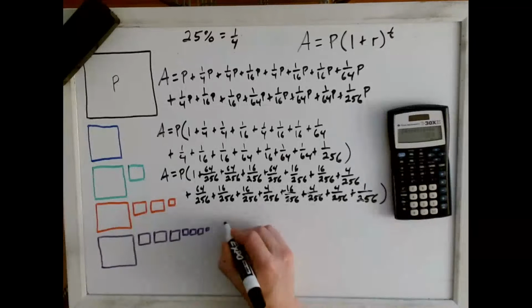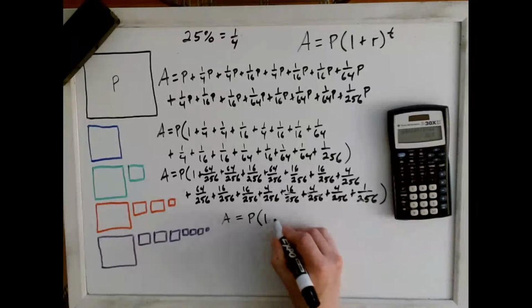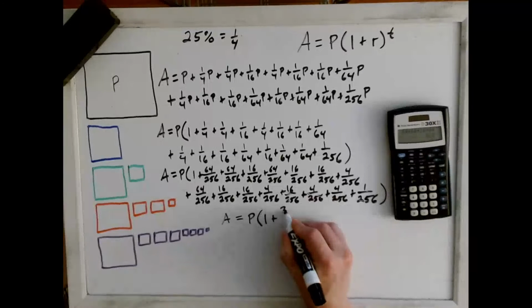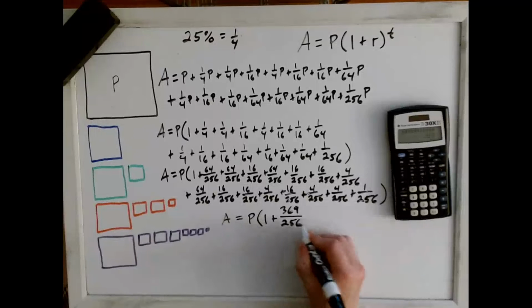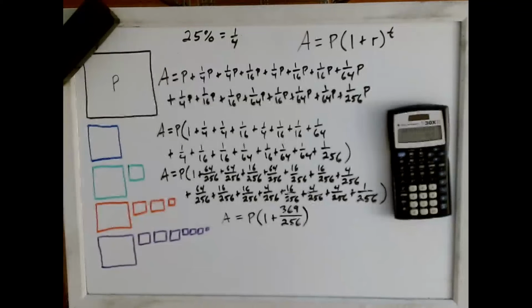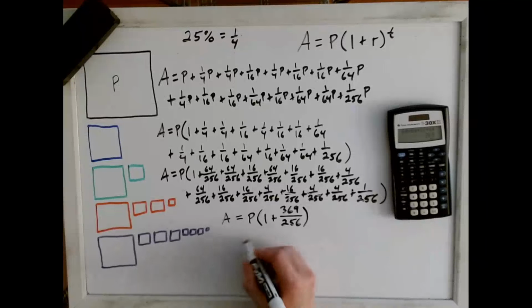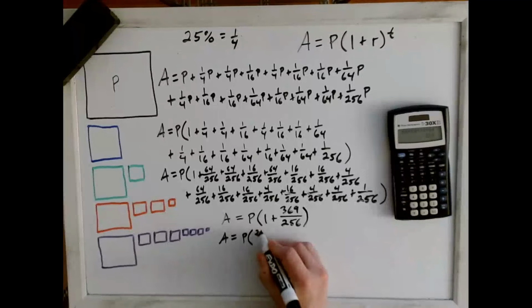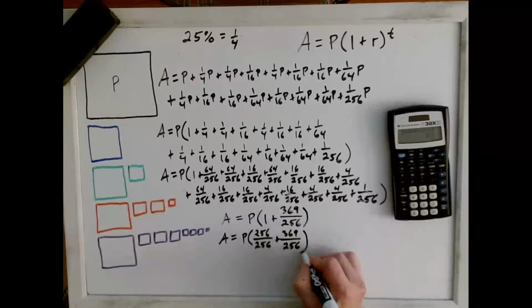That comes out to 369 over 256, so our amount equals our principal times 1 plus 369 over 256. Now let's remember that we can write 1 as a fraction: 256 over 256 plus 369 over 256.